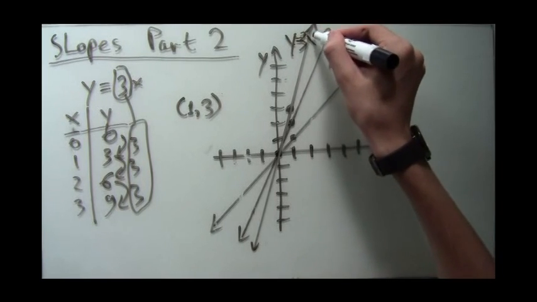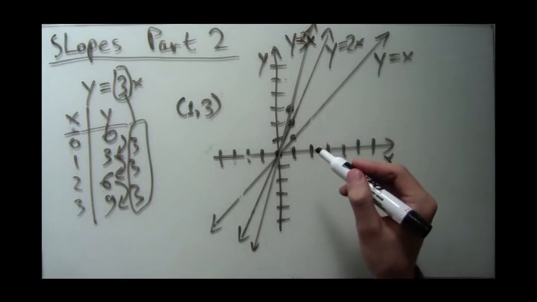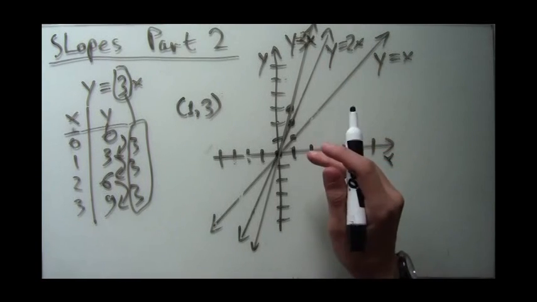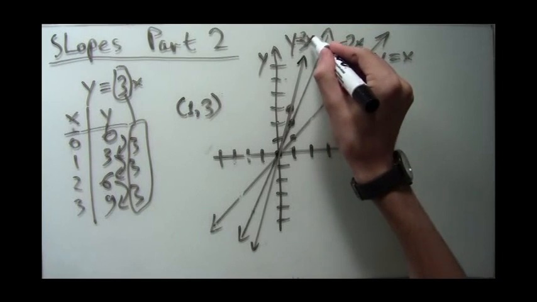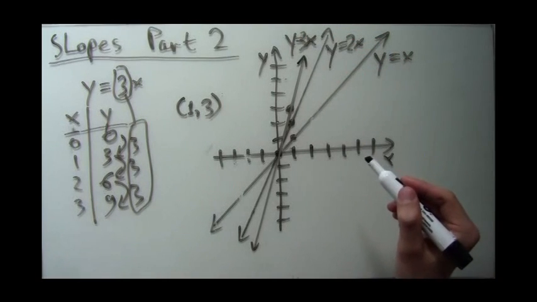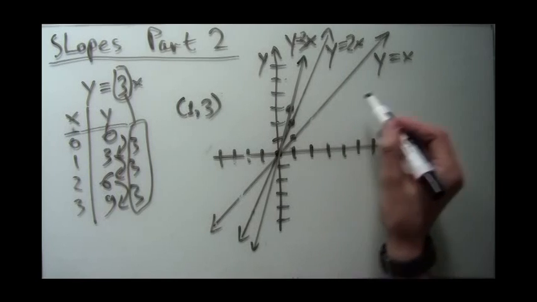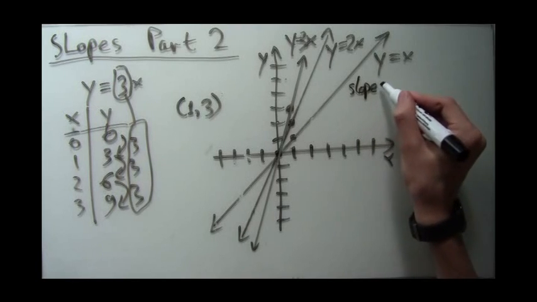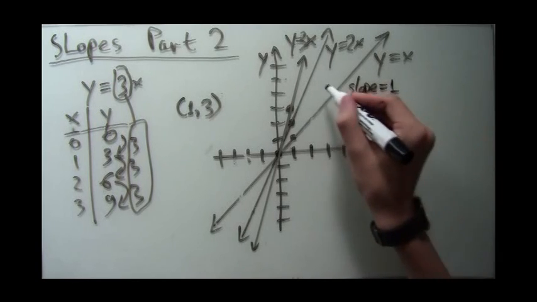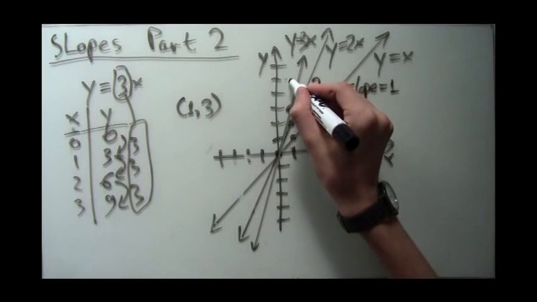Looks like I'll have to make some room for the label and cut off the end of that line. Now we're going to label all these lines with their slope. So we have slope 1, and then 2 and 3.